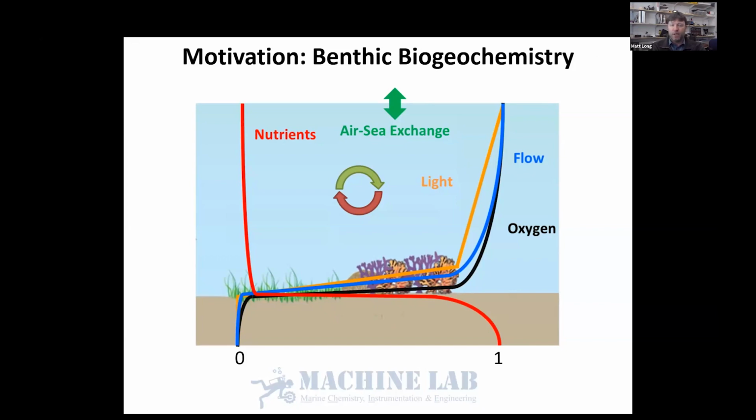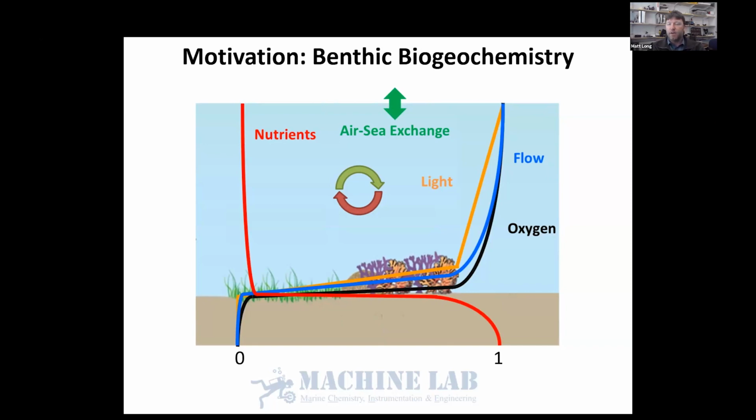fluxes. So in shallow water environments, you have light. A lot of that light is absorbed right at the sediment surface by organisms. We have flow profiles, and we use the physics of those profiles to actually calculate fluxes. Oxygen very quickly gets consumed as you get near the benthic boundary layer and then quickly goes to zero in the sediments.